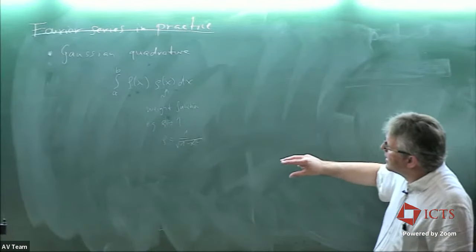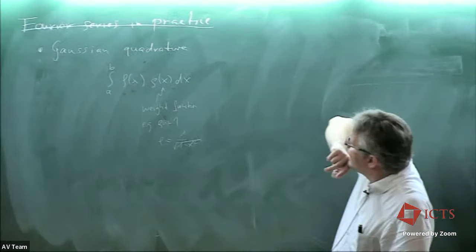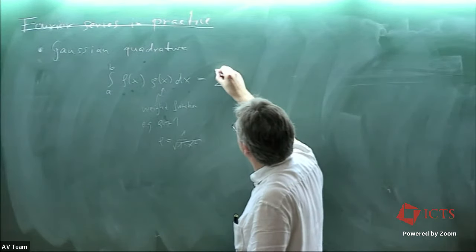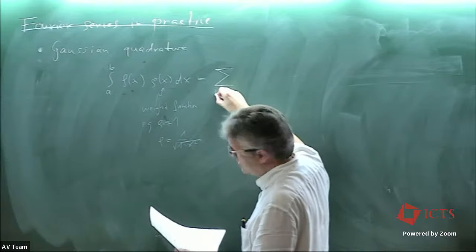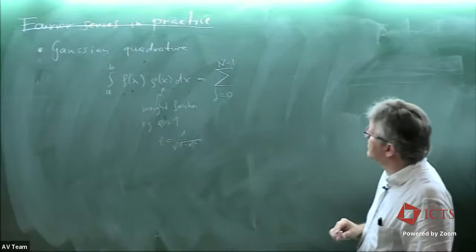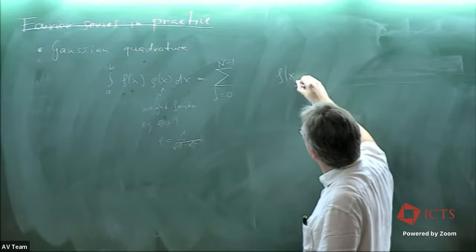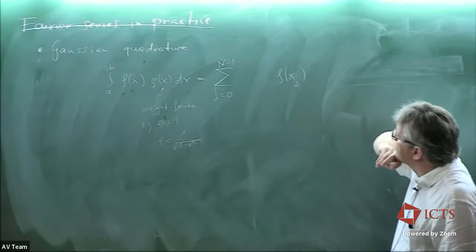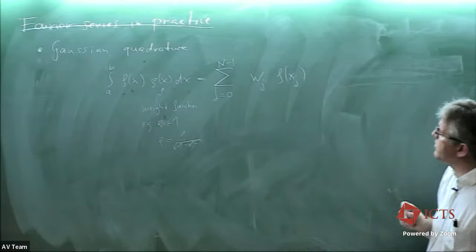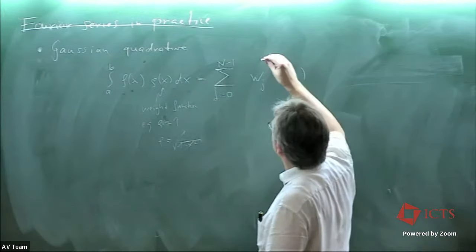So what Gaussian quadrature does is it approximates this integral as a sum over n points, where you're evaluating your function at suitable x values, and you're weighting each point with a suitable weight. And this would be Gaussian quadrature of order n.